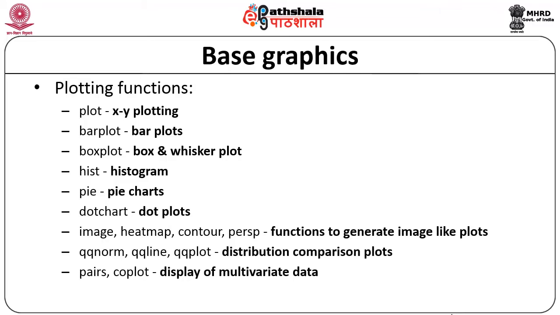We will understand the various functions that are used for plotting. Whenever we are trying to plot anything, it is going to be in the form of a graph or a chart or some kind of graphics.